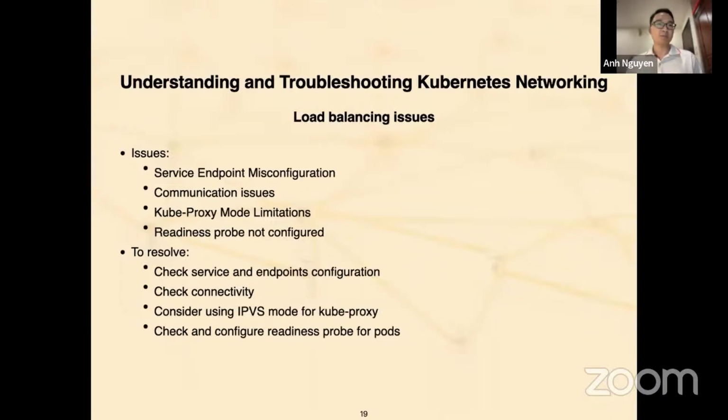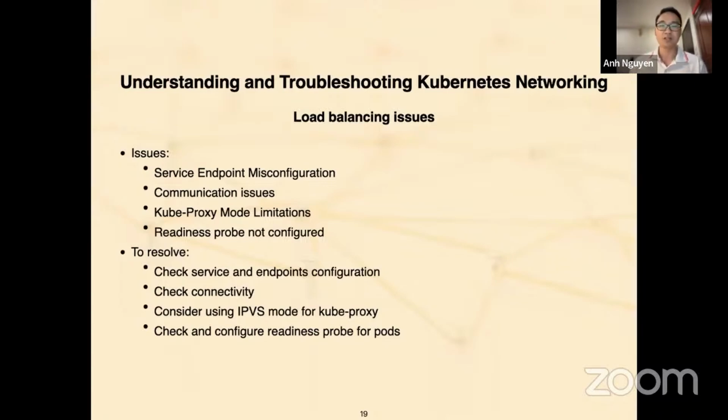And some common issues with load balancing in Kubernetes include the service endpoint misconfiguration. Incorrect service configuration, missing endpoints, or incorrect endpoints can also cause load balancing issues and affect the service.